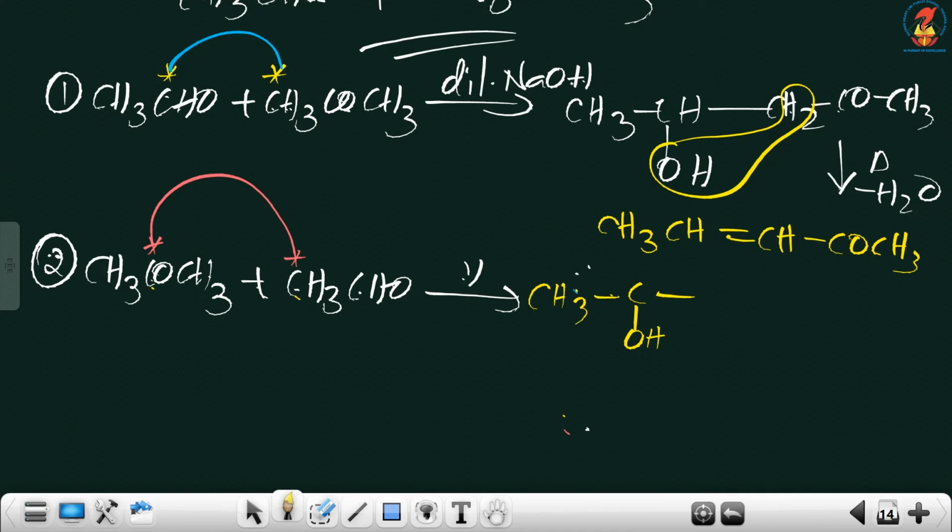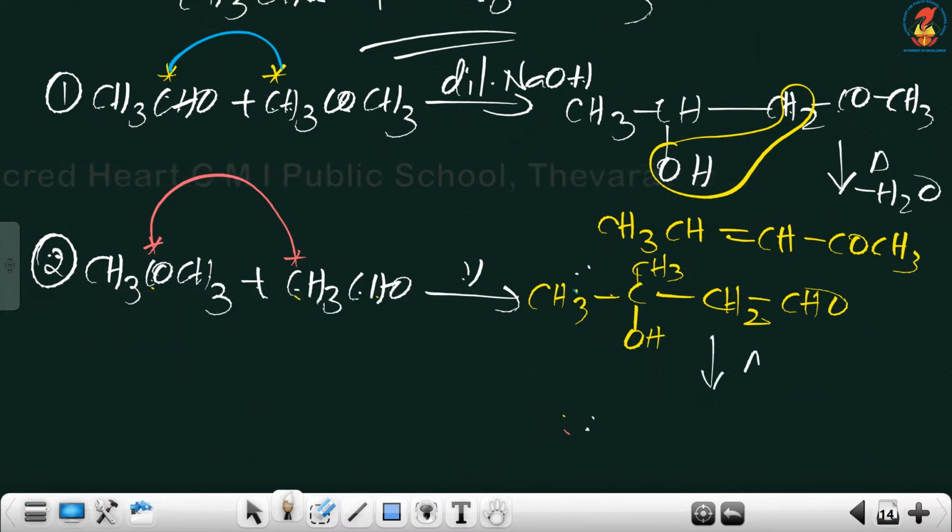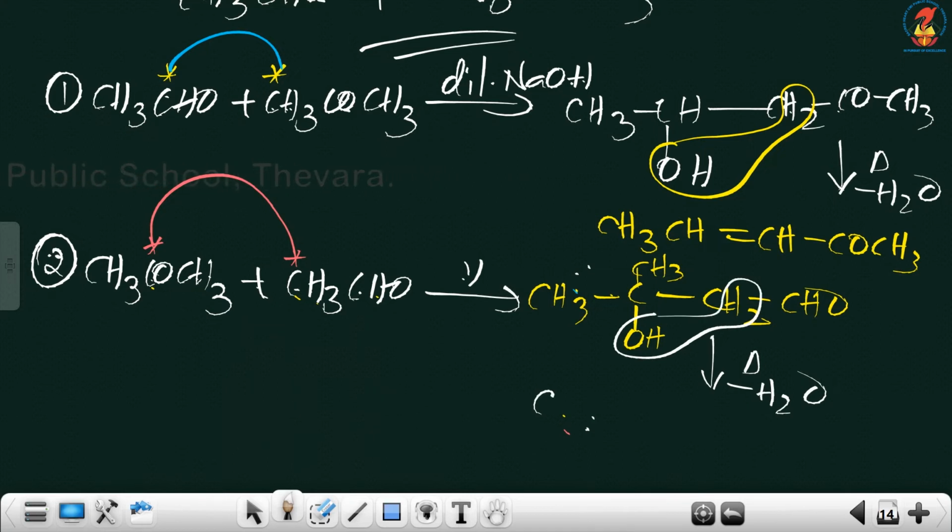Connect this carbon to this carbon by a single bond, and when you connect, reduce one hydrogen from here, so it will become CH2, remaining CHO. And don't forget, there is one more CH3 group on this carbon that we can write on the top, which on condensation, minus H2O, gives another product. Are they the same? No, entirely different.